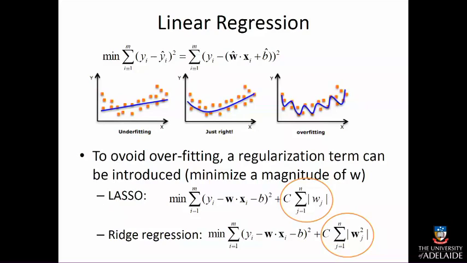In this case, we don't have a closed form solution anymore. So we need some more sophisticated technique to solve this problem, because now we have the sum of the absolute value of each component in W. That's the L1 norm. So the optimization becomes more complex.